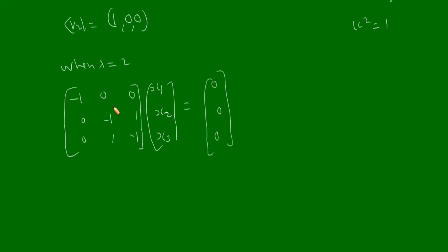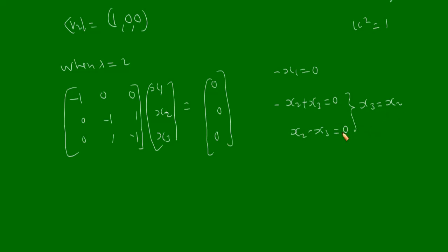Now if you expand this, first you get minus x1 is equal to 0. Second equation is minus x2 plus x3 is equal to 0. Third equation is x2 minus x3 is equal to 0. Now from these two equations we are getting x3 is equal to x2.